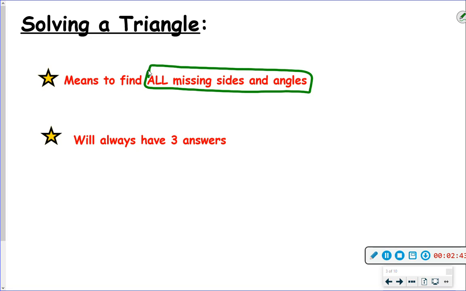And just like the last chapter, there's 6 parts, remember, of a triangle. 3 sides, 3 angles. We're going to give you half the info. You have to find the other half.